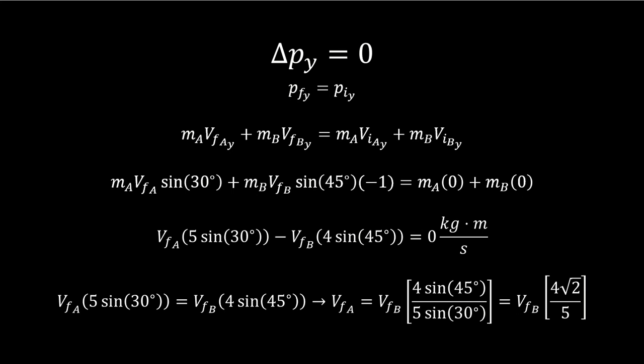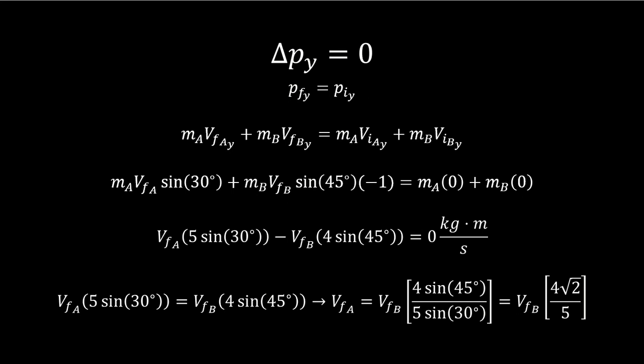Breaking things down, that's the final velocity of A times 5 sine of 30 degrees, minus the final velocity of B times 4 sine of 45 degrees, equals 0 kilograms meters per second. Just adding the negative part to the other side, we have the final velocity of A times 5 sine of 30 equals the final velocity of B times 4 sine of 45 degrees.